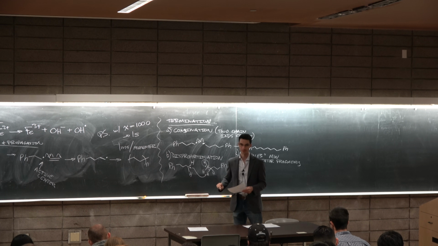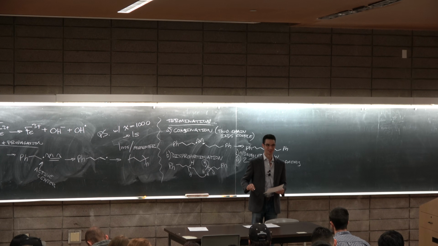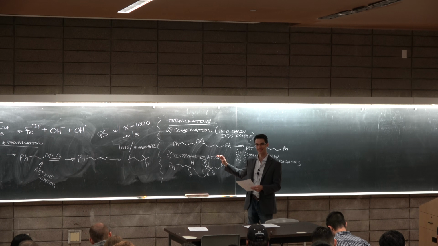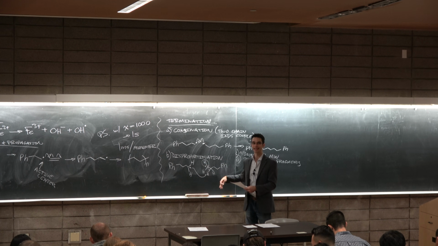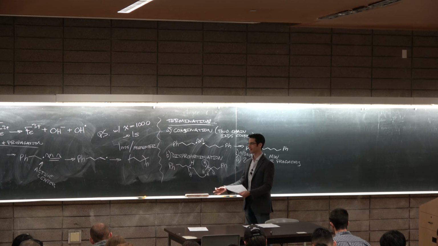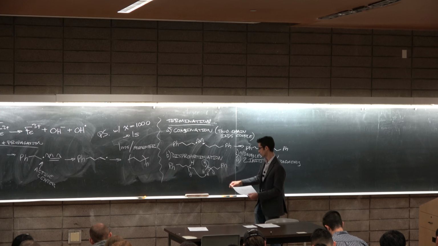And I promise I will never make you draw any reaction arrows. The most important thing to consider here is the kinetic consequences, or the effect on the distribution of molecular weights that you get in either combination or disproportionation.